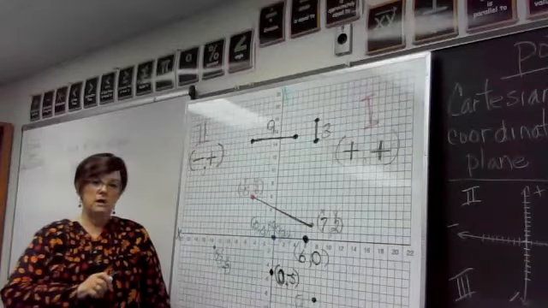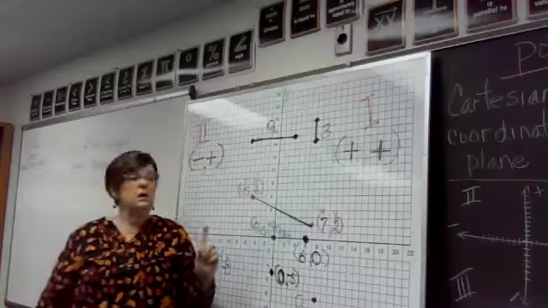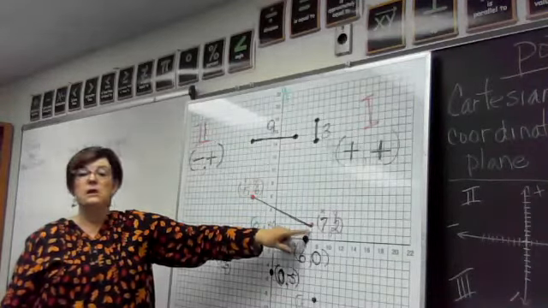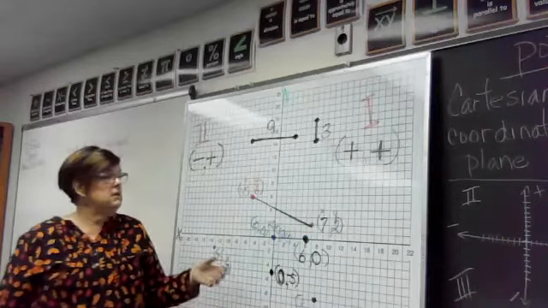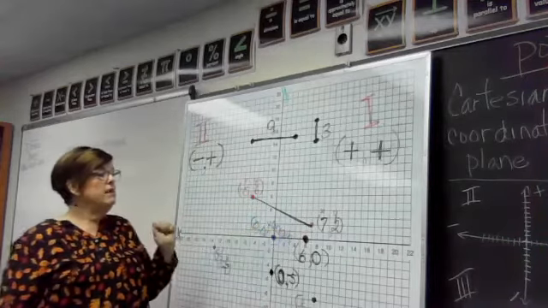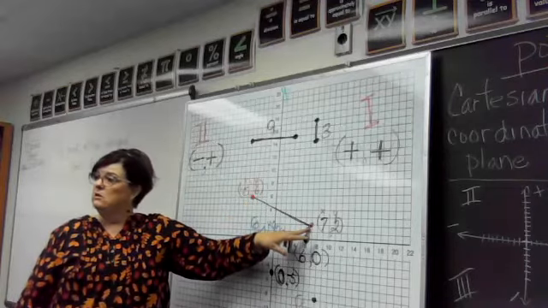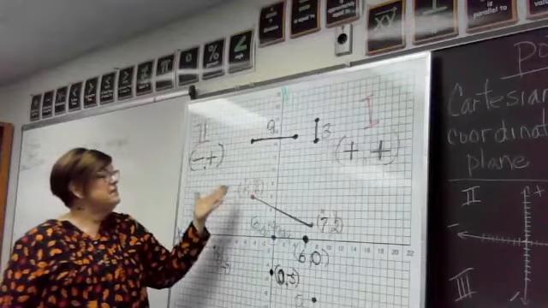No. Okay, everybody okay? So what we're going to try to do now is to find how long this segment is. Now, on the test or even on activities, it's going to say how far is it from here to here. Or they might say find the length of this segment. But what we're actually going to be doing is finding the distance.